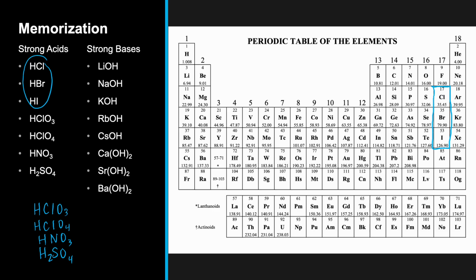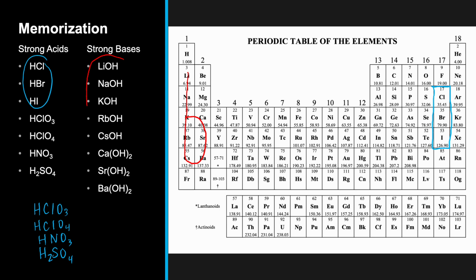Now let's move on to our bases. Those are a little bit easier. The reason it's easier is because it makes a B on the periodic table, which I really appreciate. So a lowercase b on the periodic table, all we're going to do is take those metals and add on a hydroxide to the end of them. So for our group 1 metals, those obviously only make a +1 charge when they become an ion.